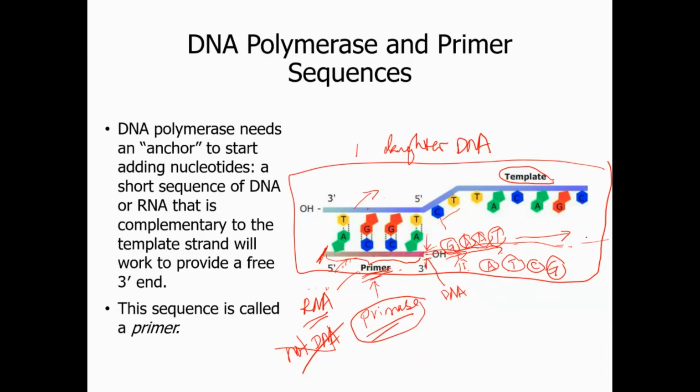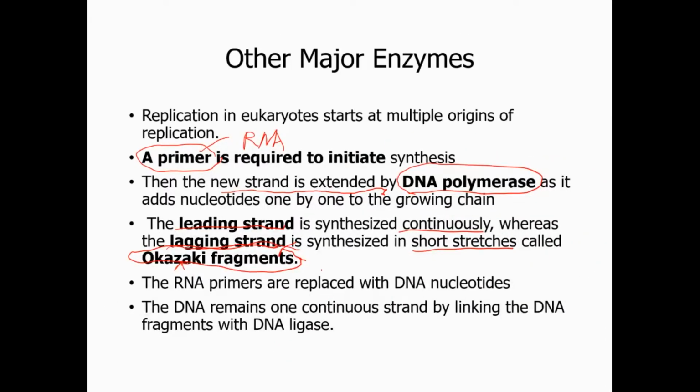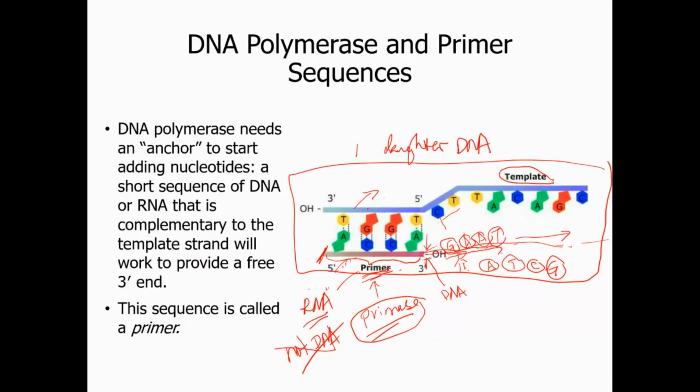So what you are going to do is, over here, the RNA primers are replaced with DNA nucleotides. Okay, so you will have enzymes coming here, they will remove the RNA primer, and then they will put down the nucleotides for DNA here. Remember the difference is whether it's a ribose or deoxyribose, right? So don't worry, eventually this RNA primer will be replaced with the DNA nucleotides. So the entire strand is DNA and not RNA.